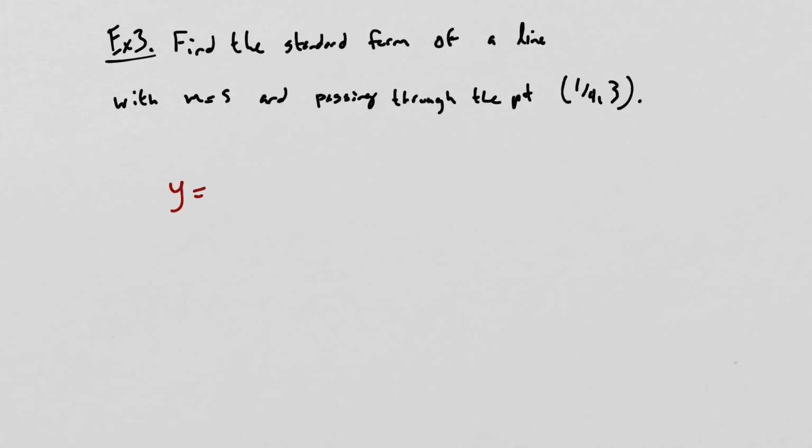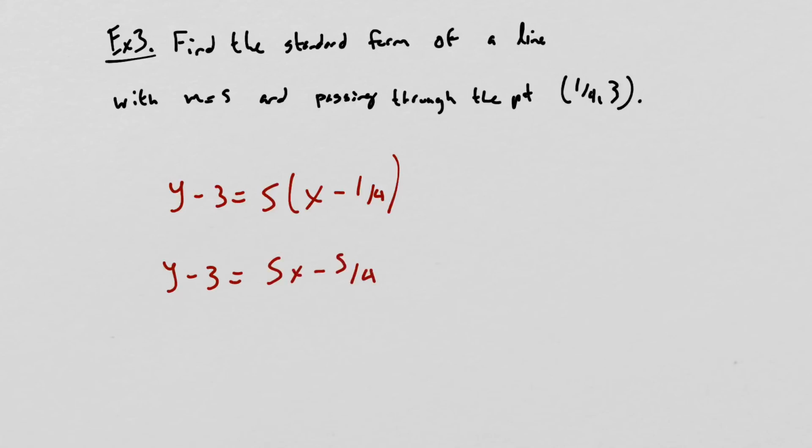Here we have y minus 3 is going to be equal to 5 times (x minus 1/4). Let's simplify the right-hand side, and we'll get y minus 3 is equal to 5x minus 5 divided by 4. Then we need the constants on one side and the variables on the other side.